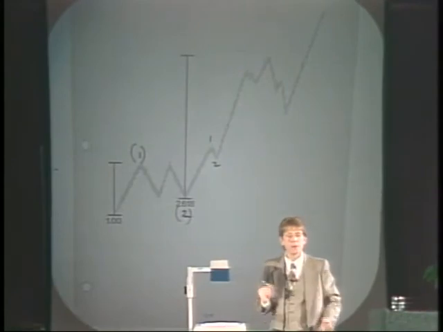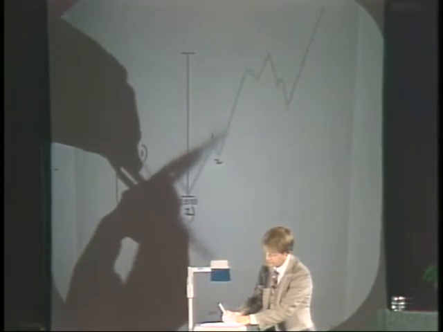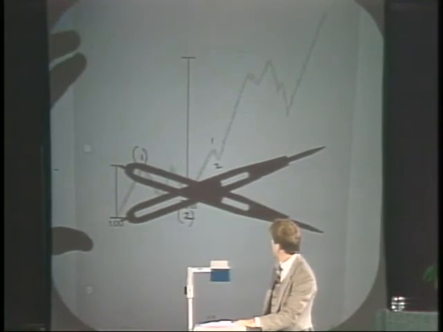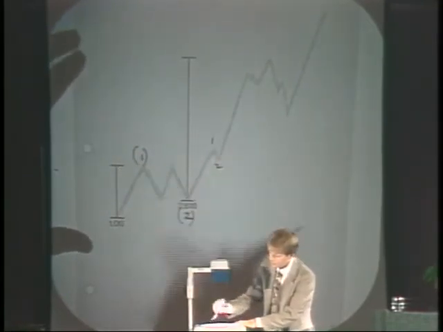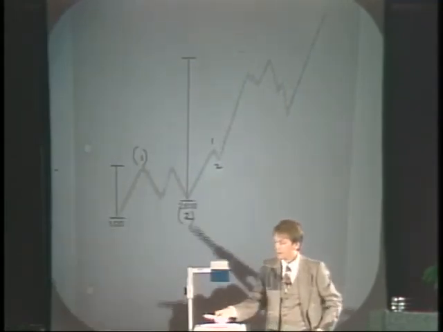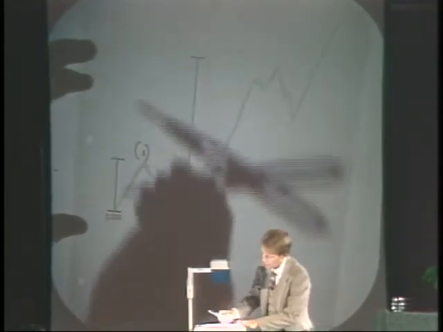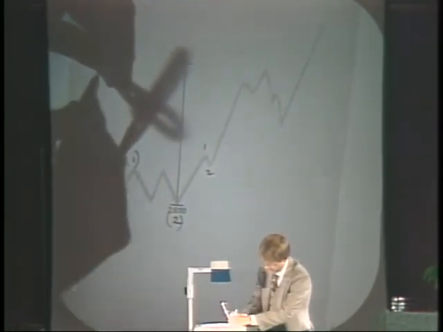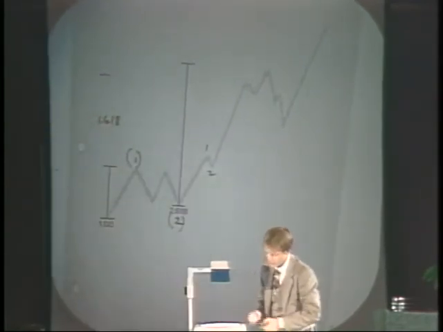Since you're looking for a multiple, you begin with the narrow end of the compass. And you measure the move you are interested in obtaining a multiple of. Flip the compass, and now the distance between the points at the wide end of the compass is 1.618 times the distance between the points at the narrow end. 1 plus 1.618, if I make that mark right there, is 2.618.